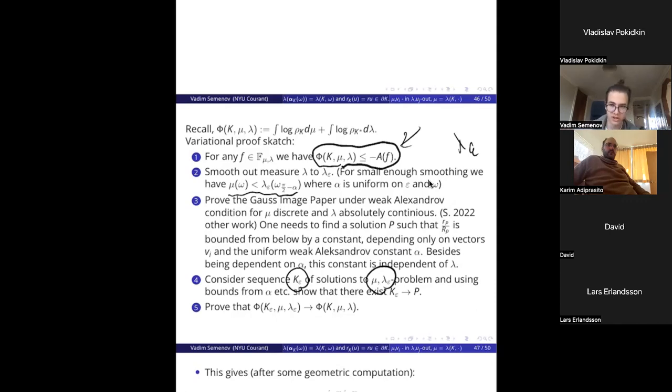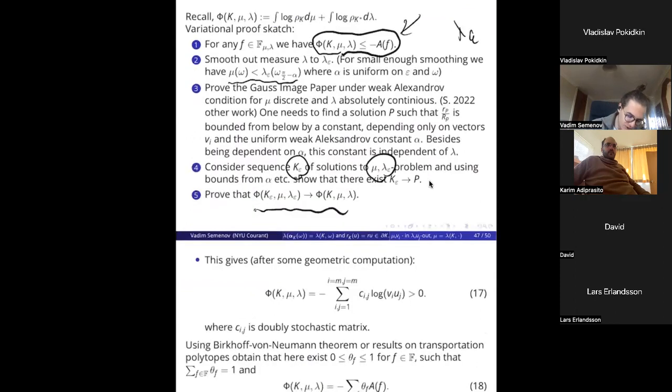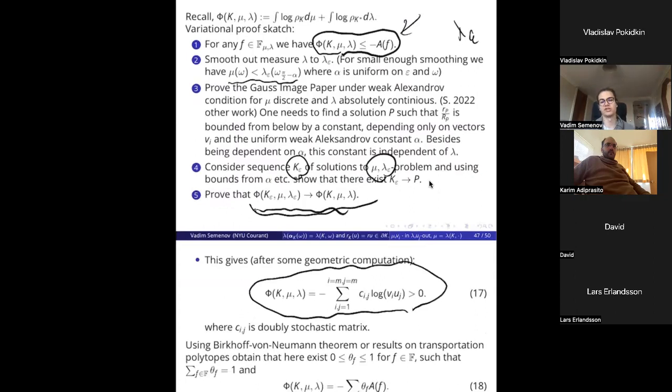And this is exactly what I mentioned to you in the middle of the talk, that your solution is trying to approach this polytope, but the polytope does not work. And you show that the functionals of K epsilon approach the functional of K and lambda. Using this, after some sufficient computations, you get that your functional should be of this specific form.